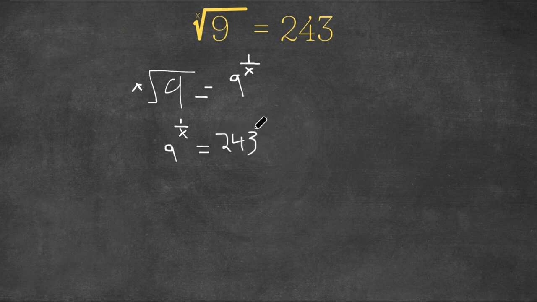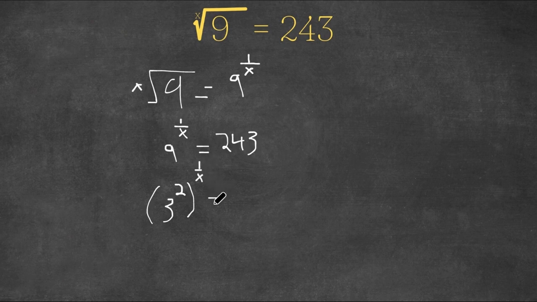And now what we want to do is make our bases the same, 9 and 243, so then we could just make our exponents equal and form a simple equation to solve. So what's an alternate form of 9? 9 is equal to 3 to the power of 2. So this is another way of writing 9, and this is to the power of 1 over x.